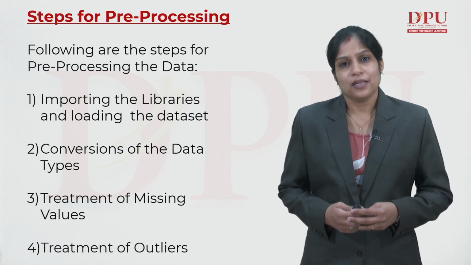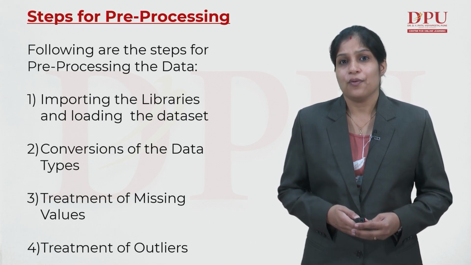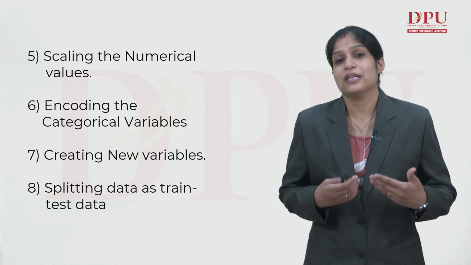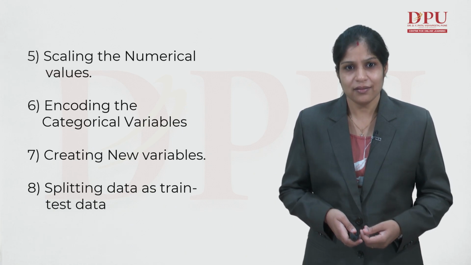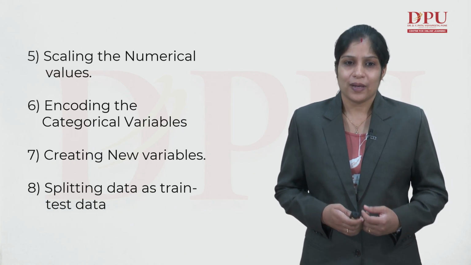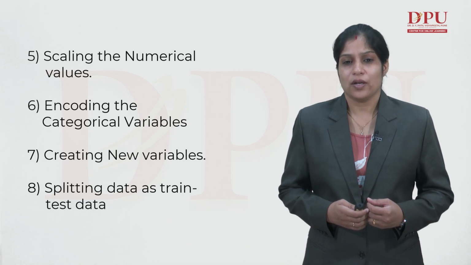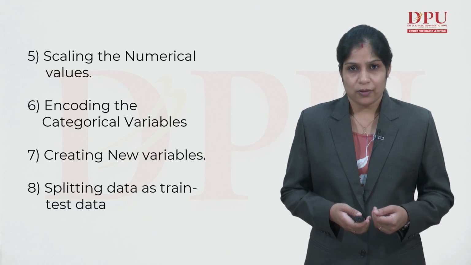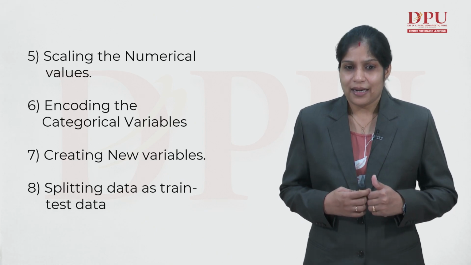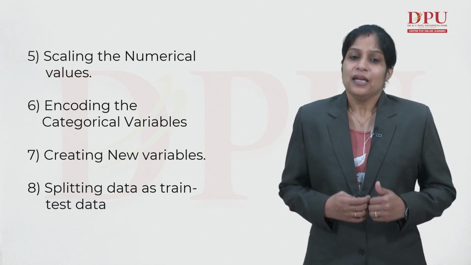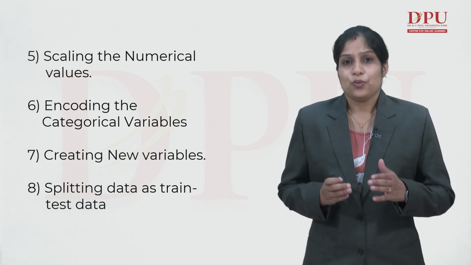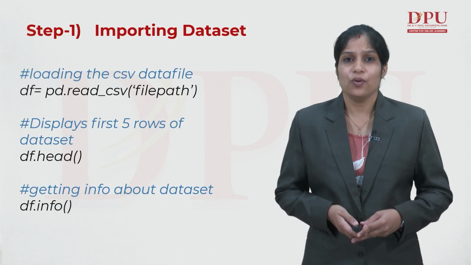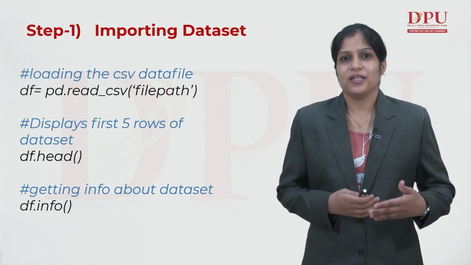Then we will treat the missing values, as well as identify or detect outliers, and accordingly give treatment to the outliers. Next is scaling the numerical values, encoding the categorical variables, and if required, creating new variables in the data set. And at the last step, we will split our data into train and test sets. Now we will go in depth with each of these steps.